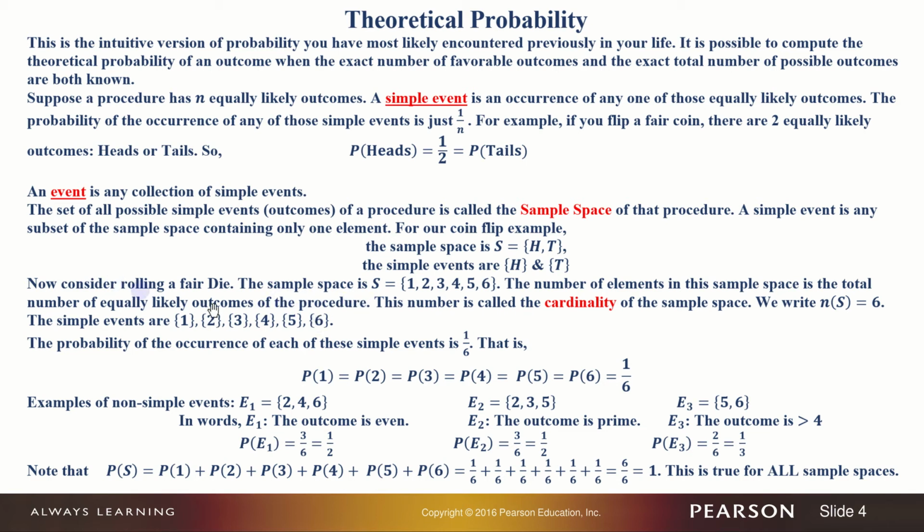The sample space for that, of course, remember, a die has 6 sides. And if it's a fair die, when you roll it, any of those 6 numbers written on the 6 faces of the cube, which we call the die, should be possible as a result.